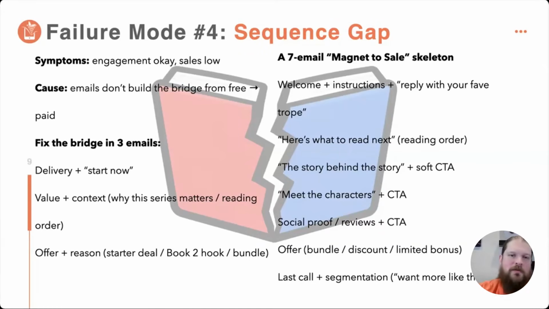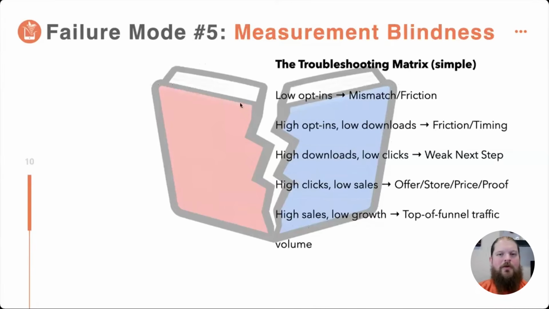If not, I would move them into some kind of holding pattern or loop that continues trying to warm them up over time, creating more touch points, or let them go. I know some authors are very aggressive about that sort of thing and just decide, you know what, if they went through those seven emails, or however many emails long you decided it should be, and they didn't buy, then that's okay. They can come back to me on their own.